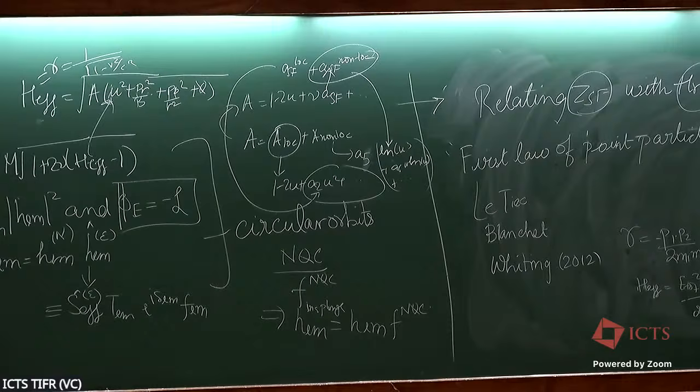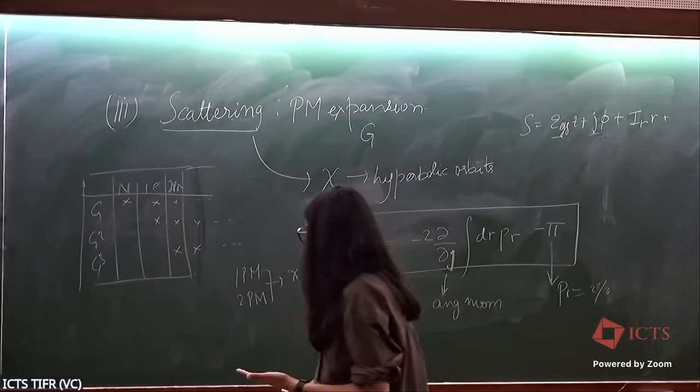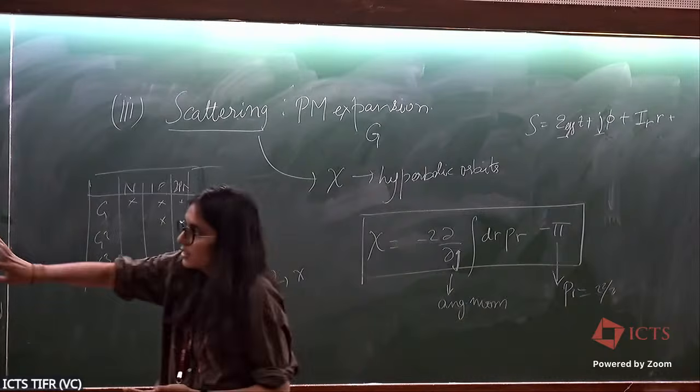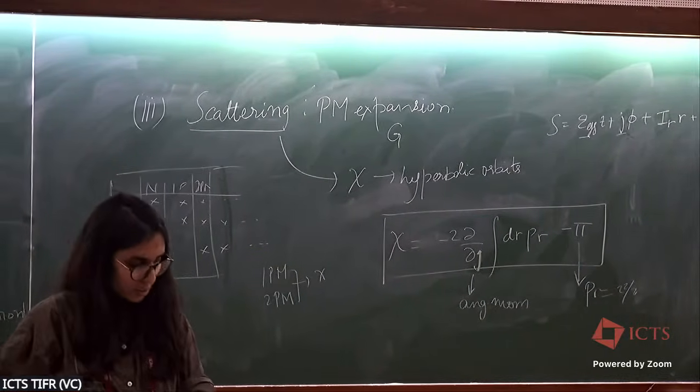We find that the 1 PM and 2 PM scattering angles are independent of nu, suggesting that they can be completely determined from the Schwarzschild test mass limit. This thing combined with this thing suggests some hidden structure, which we will discuss tomorrow.